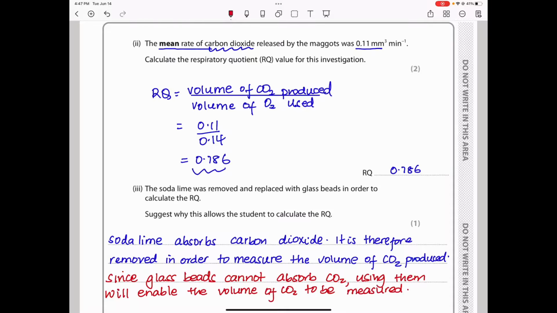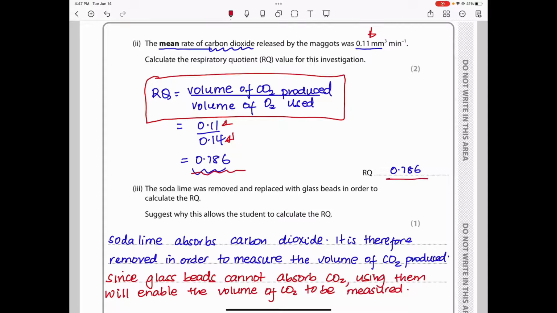Calculate the respiratory quotient, RQ value for this investigation. You need to remember that RQ is equal to volume of CO2 produced divided by the volume of oxygen used. We know from here that the CO2 produced is 0.11 because it's given. And from our previous question, we have calculated that the volume of oxygen used up is 0.14. So when we divide the two, we get our RQ.